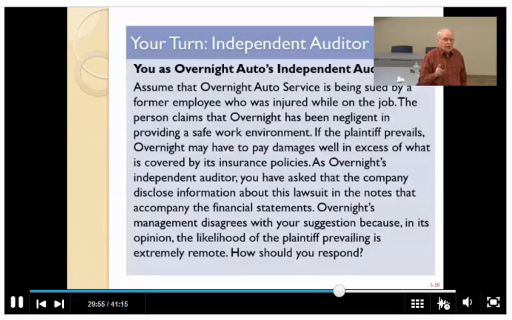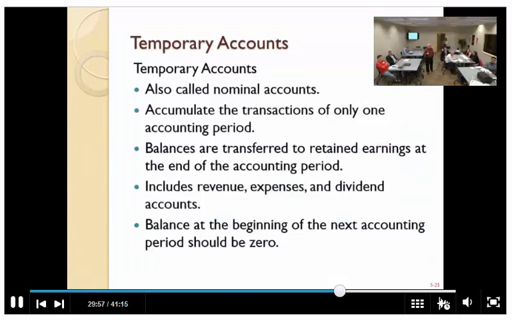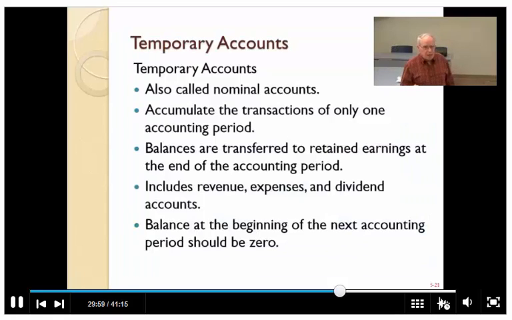Now, I've talked about closing. The accounts that we close are called temporary accounts or nominal accounts. The accounts that get closed are the revenue accounts, the expense accounts, and dividends. They're called temporary because they have a life of one accounting year.